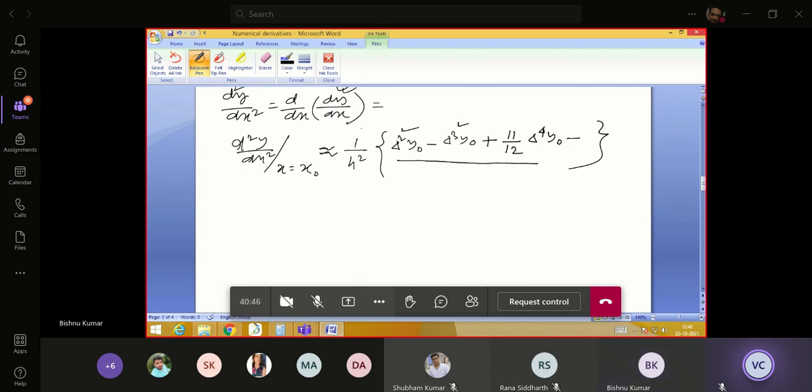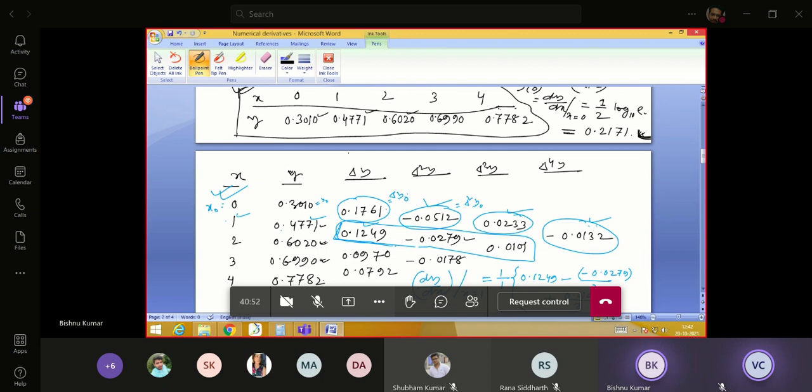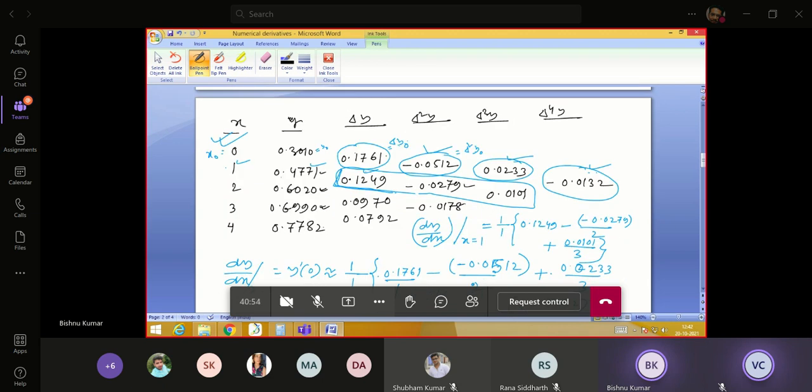So you have your starting value here for the second derivative, the second difference. Okay. Can you tell me now, for this difference table, what is the second derivative at the point 0, and the second derivative at the point x1?